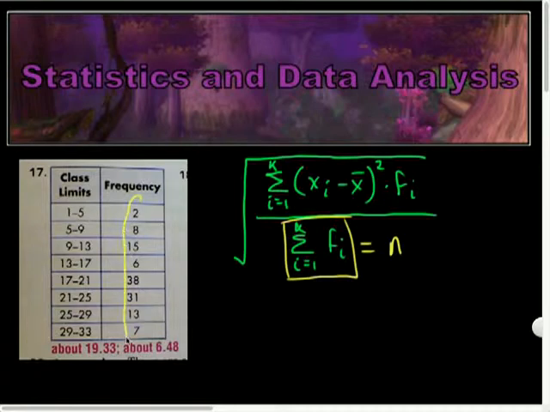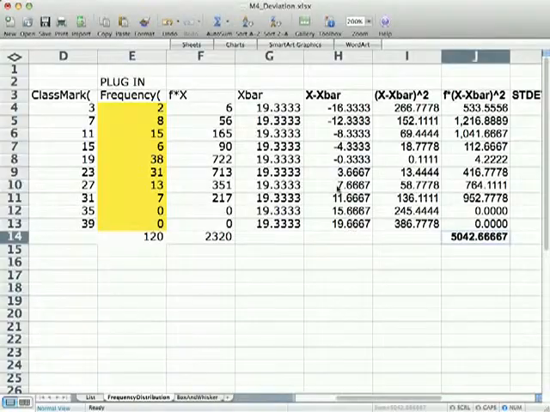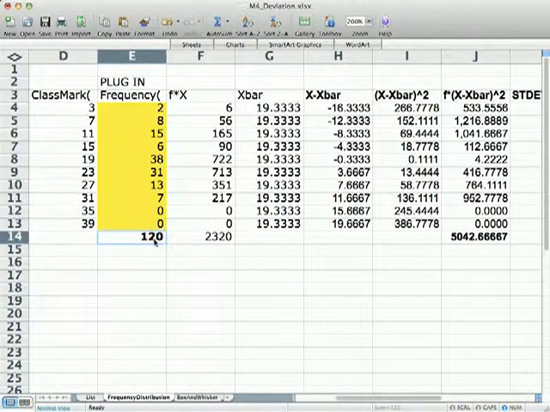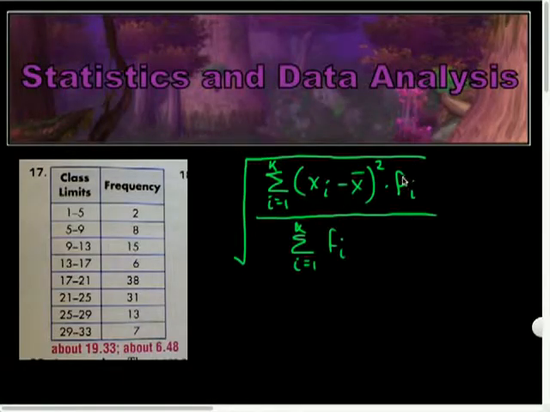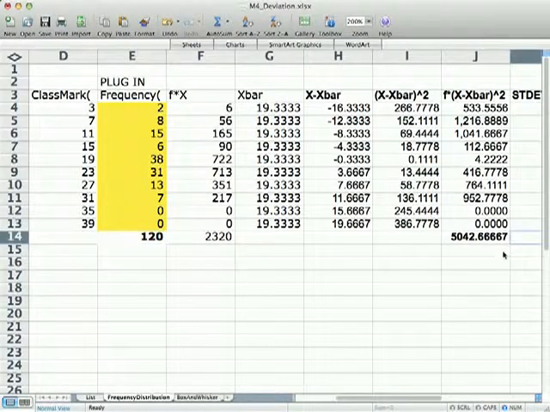Because if I add up all of these frequencies, that is going to equal the number of terms in the entire set of data. It's not an approximation, is my point. So the sum of the frequencies happens to be this 120 here, right? I've added up this list over there. So I'm going to divide those two and square root it, as any good standard deviation formula would do.